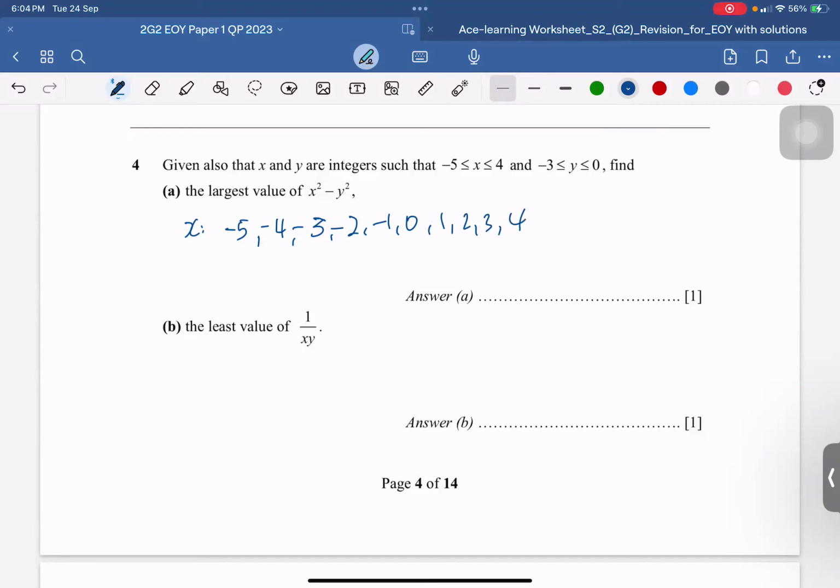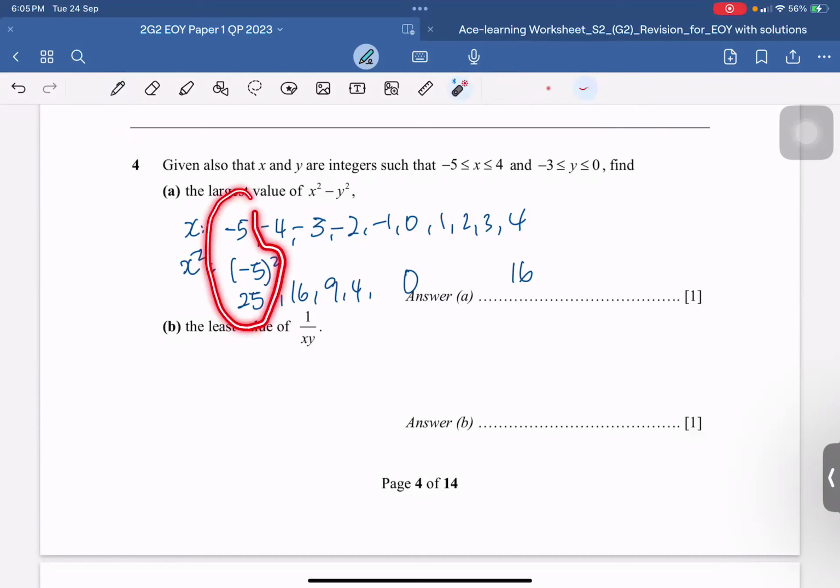Remember when you have x squared, you square the whole thing, so it becomes a positive number: 25, then 0, then 16, 9, 4, and so forth. If I want the largest value of x squared, I need to take -5 squared. So the largest is 25, minus the smallest value of y squared.